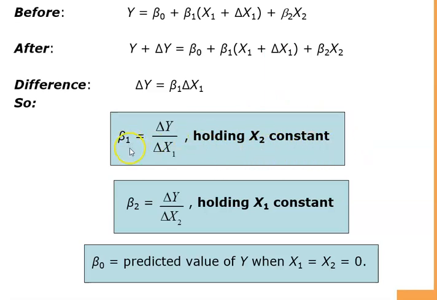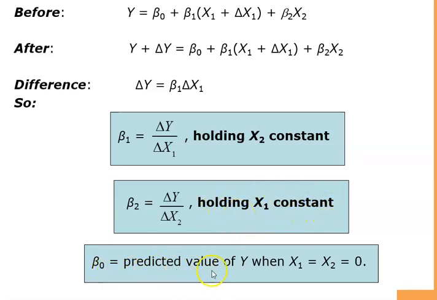So beta 1 is still equal to change in y over change in x1, holding x2 constant. And we interpret beta 2 along the same lines: it's equal to delta y over delta x2, holding x1 constant.